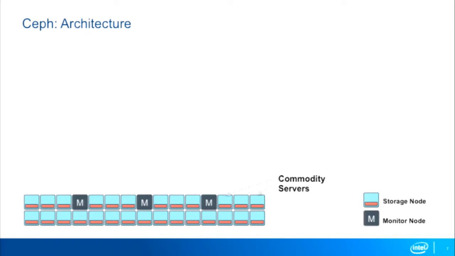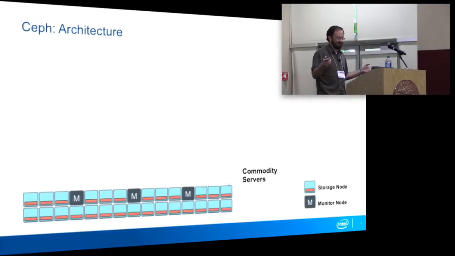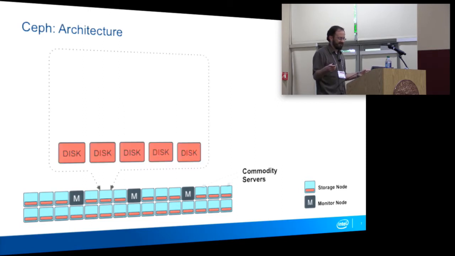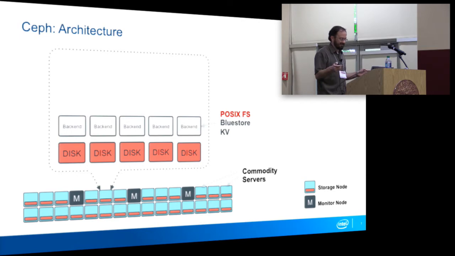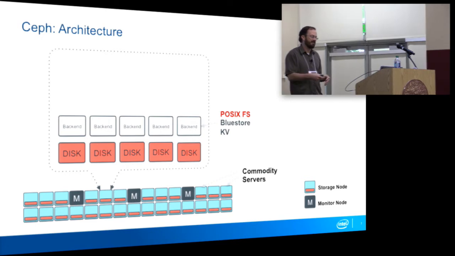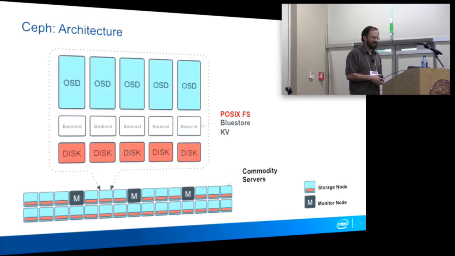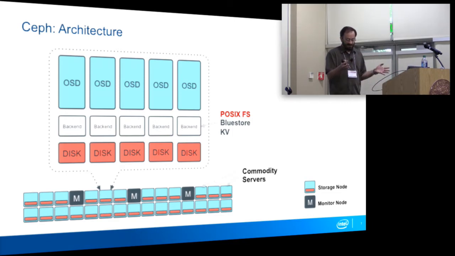So Ceph is distributed over your nodes, and the client talks to an OSD, as they call it, and OSDs talk to disks through a variety of backends. The OSD does the distributed part really, and the backends are your local storage that are local to the disk.